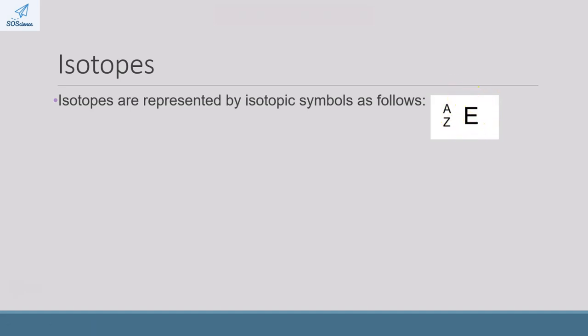I just like to remind you that on the periodic table, you have your element symbol, you have the Z, which is the atomic number above the element, and the A, which is the atomic mass or the mass number below the element. So note that in isotopic symbols, the bigger number, which is the A, is represented above the smaller number. It's almost opposite to the way that it is represented in the periodic table.